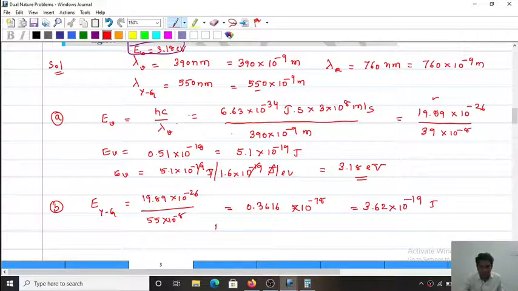When it is converted into electron volts, we have to divide it by 1.6 into 10 power of minus 19, so 3.62 by 1.6 into 10 power of minus 19. So electron volts is equal to, once again, we calculate 3.62 by 1.6.